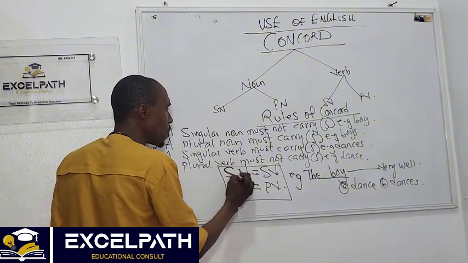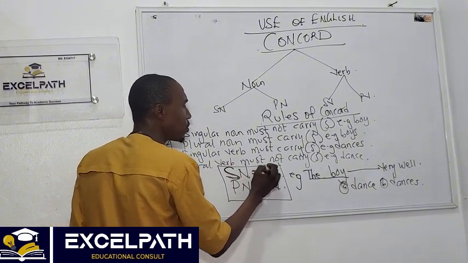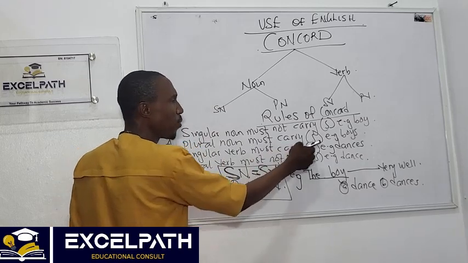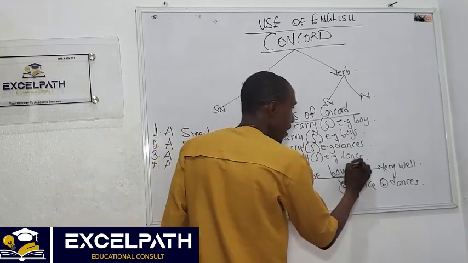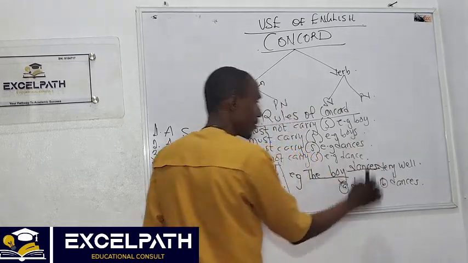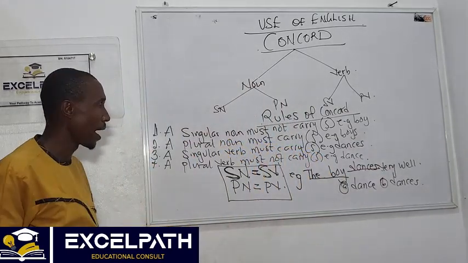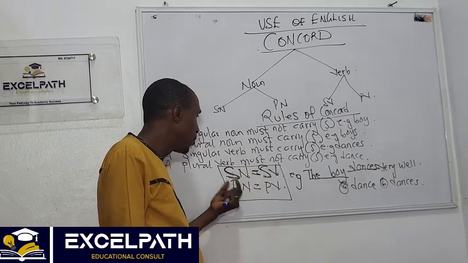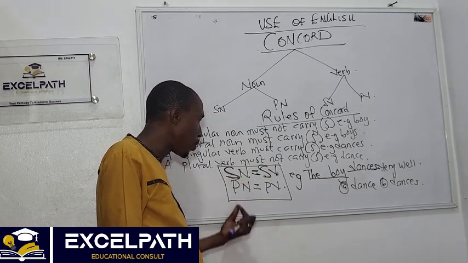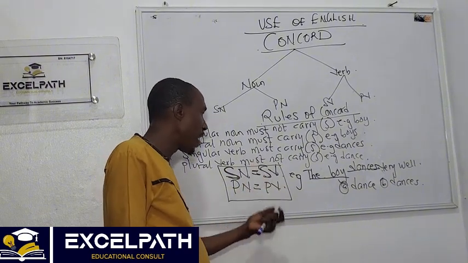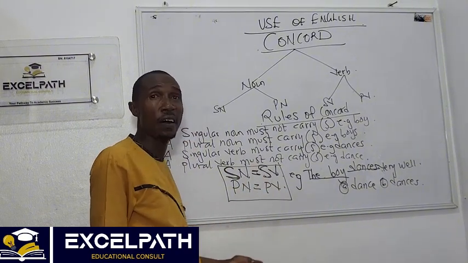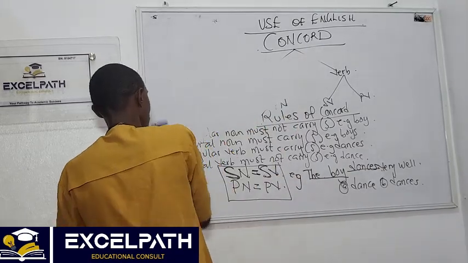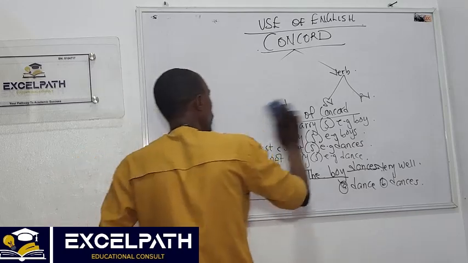And since it's a singular noun, it must surely go with a singular verb. And your singular verb must carry what? S. So the correct answer here is what? Dances. So that is just what you need. If you are able to identify singular noun or plural noun, then with your singular verb and plural verb, you don't have issues. So from here, we are going to see some principles.